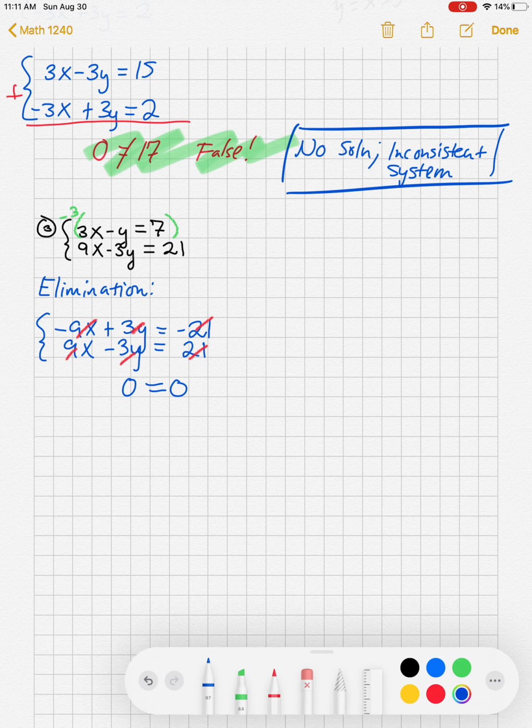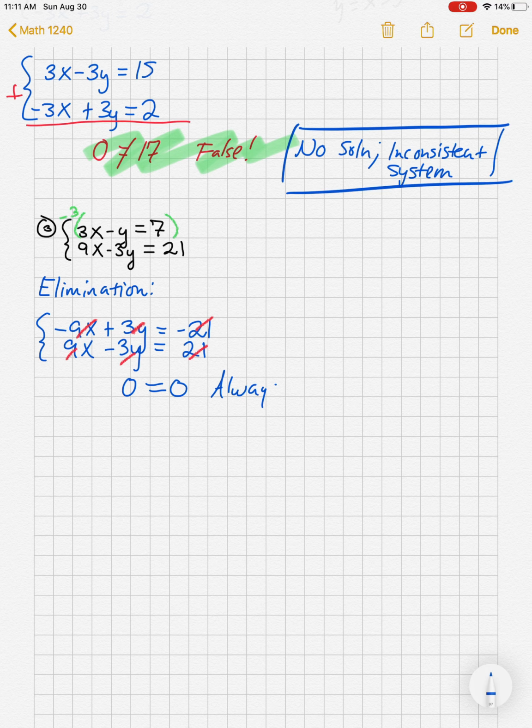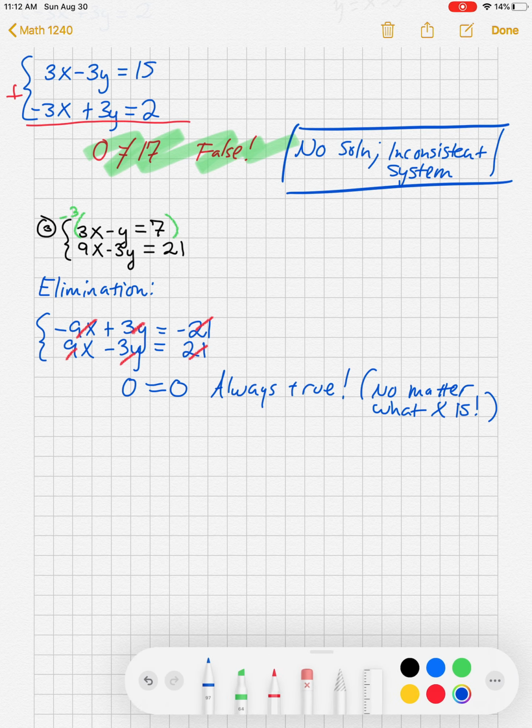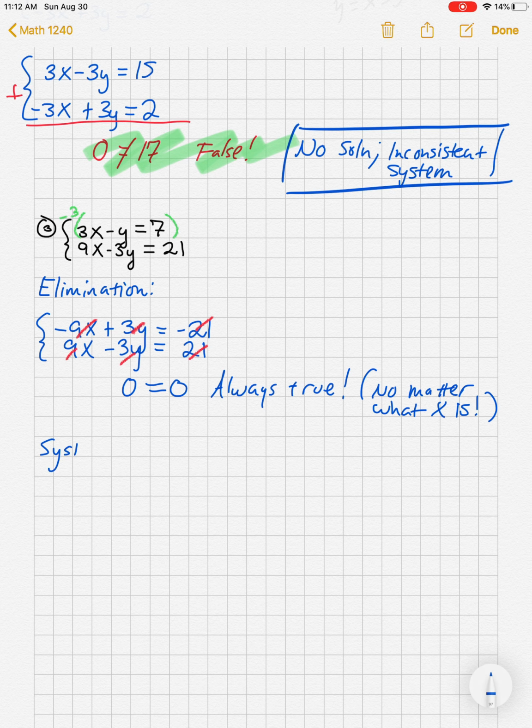I actually get a statement that's always true. 0 is always equal to 0. So this statement is always true, no matter what x is. So what is this saying? This is saying that the system has infinitely many solutions.